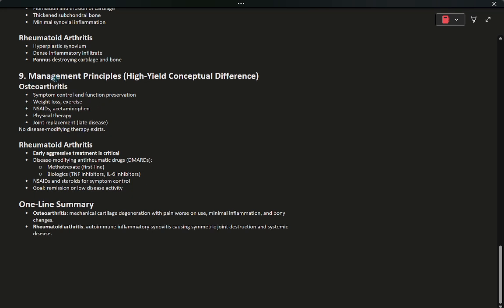So with that in mind, we have some treatment and management principles for these diseases. For osteoarthritis, the objective is to work towards symptom control and function preservation. So work towards weight loss and exercise.